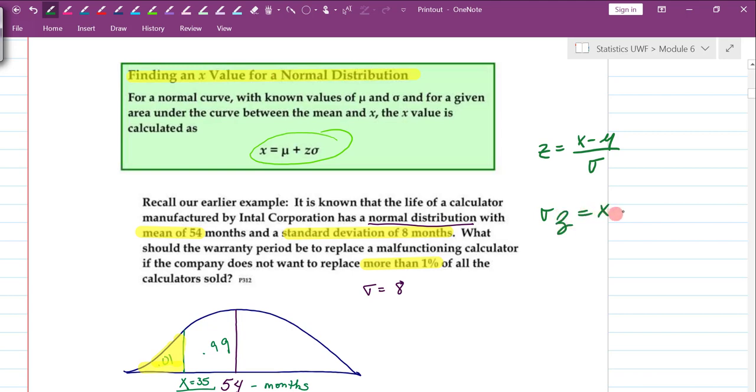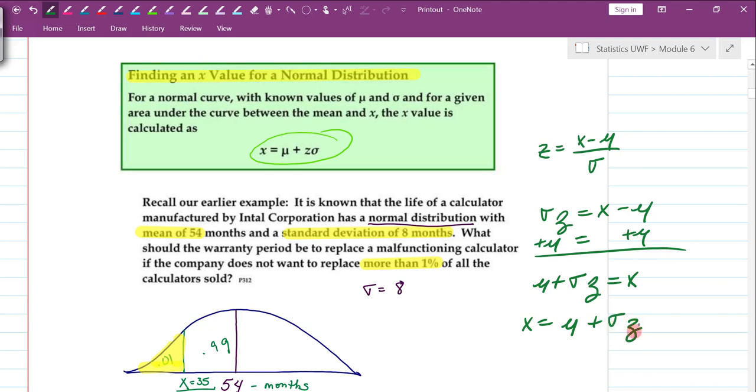Then we add mu to both sides, and we end up with mu plus sigma z equals x, or x equals mu plus sigma z. Remember, with multiplication, order is not important, so these two are the exact same.